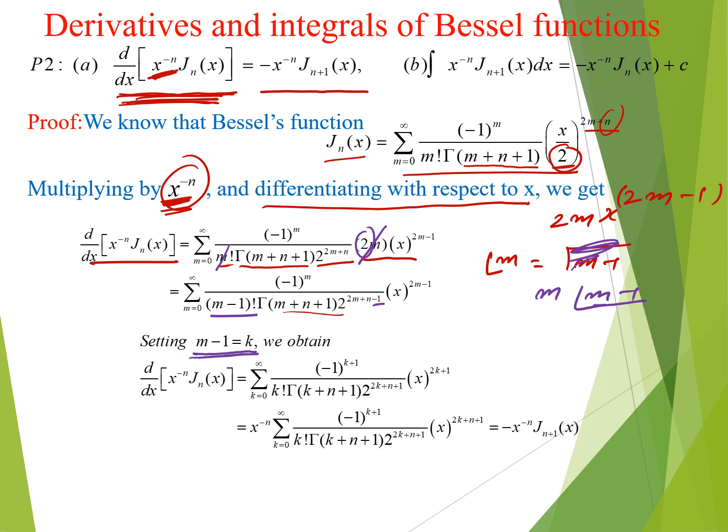The left side is the same, only the term of n, and in the right side we replace m minus 1 with k. That means m is equal to k plus 1.